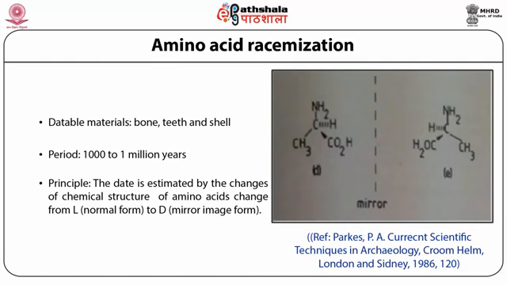This change is called racemization. The dating method is based on the principle of the amount of change, or racemization, that has occurred in the buried fossilized bone. The rate of racemization is not the same in all materials. In the case of skeletal remains, the datable range is 5,000 to 100,000 years.